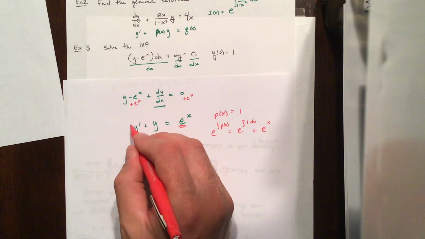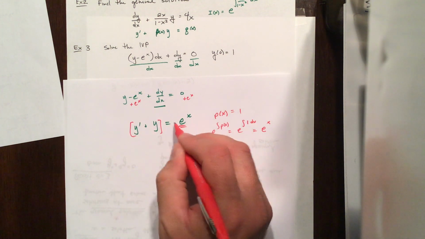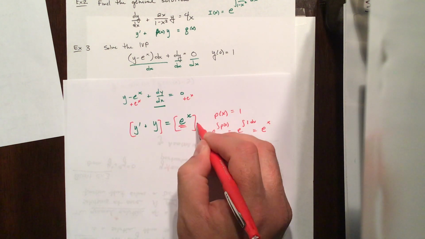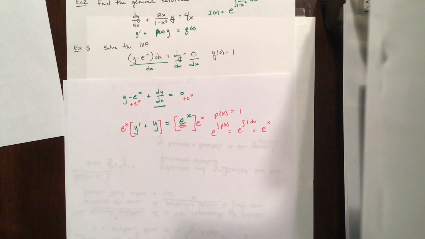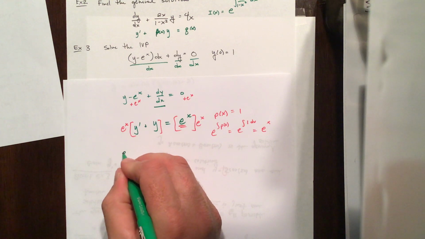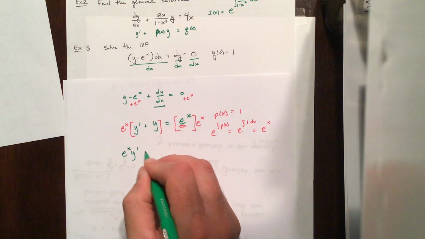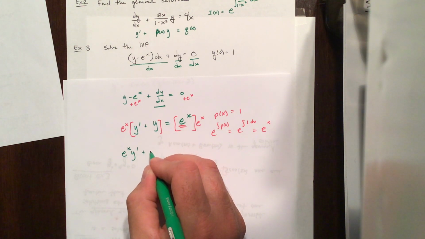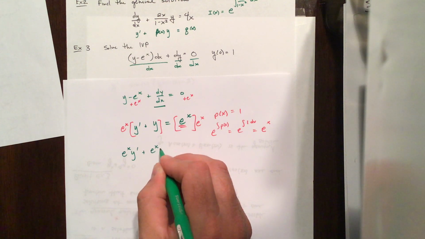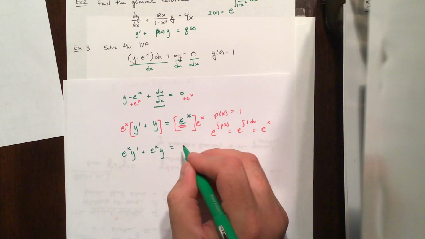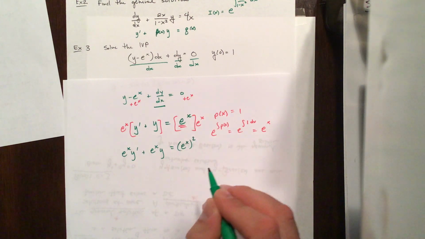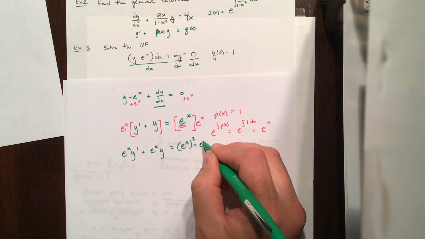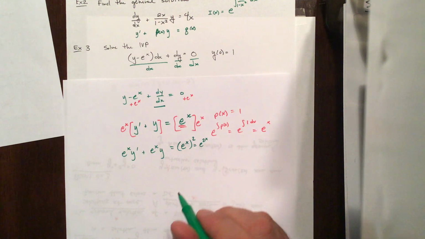I'm going to multiply both sides of this differential equation by e to the x, and see what I get. I get e to the x y prime plus e to the x times y equals e to the x squared, or e to the 2x, depending on how you want to look at it.